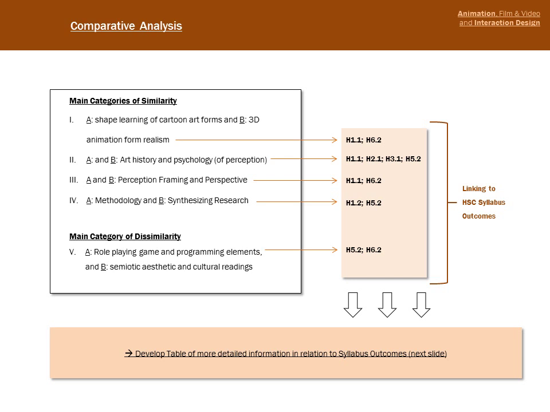I'm not going to go through all of the similarities and dissimilarities, but I will focus on one or two main points of similarity to illustrate or model how to go about analyzing these case studies and research articles.